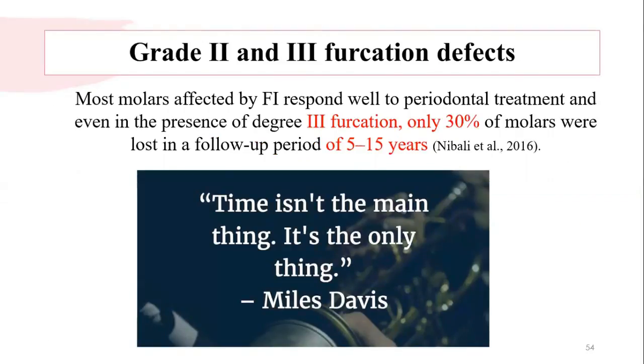Most molars affected by furcation involvement respond well to periodontal treatment, and even in the presence of degree 3 furcation, only 30% of molars were lost in a follow-up period of 5 to 15 years.